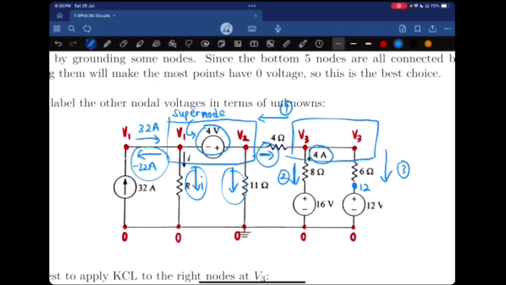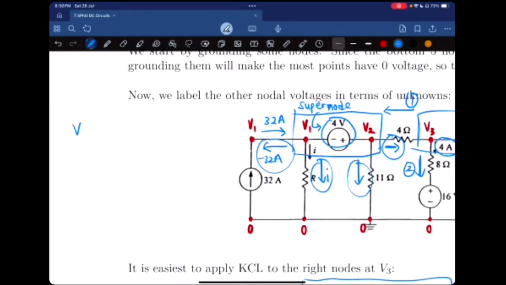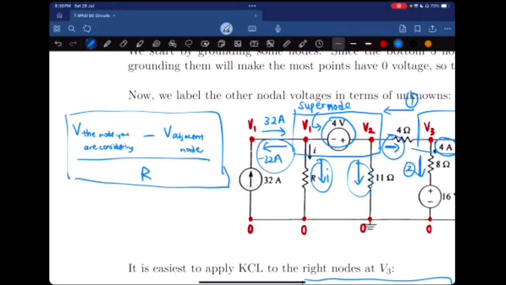You want to take care of sign conventions, so usually you assign everything as positive, and you find the current in terms of the potential at the node you are considering minus the potential of the adjacent node divided by the resistance joining them. You add all of these terms up, and if you consider it this way, there's no way you'll mess up the sign convention. So this is the best way to consider it.